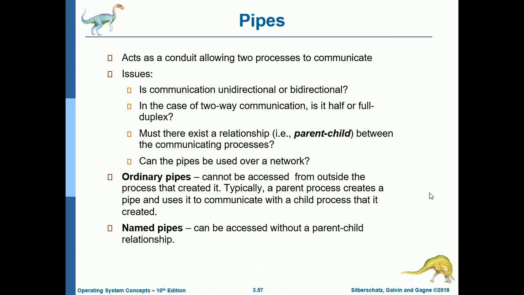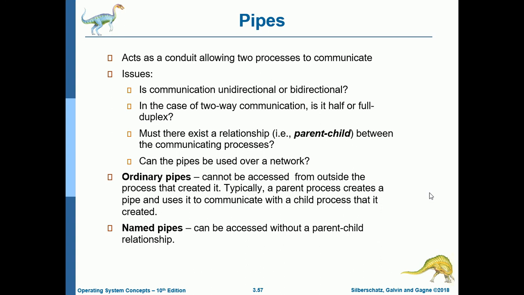Okay, next, must there exist a relationship, a parent or child, between the communicating processes? Can the pipes be used over a network? So we have two types. We have ordinary pipes, which cannot be accessed from outside the process that created them. Typically, a parent process creates a pipe and uses it to communicate with the child process that it created, while named pipes can be accessed without a parent-child relationship. So ordinary pipes are used by the parent and child process.